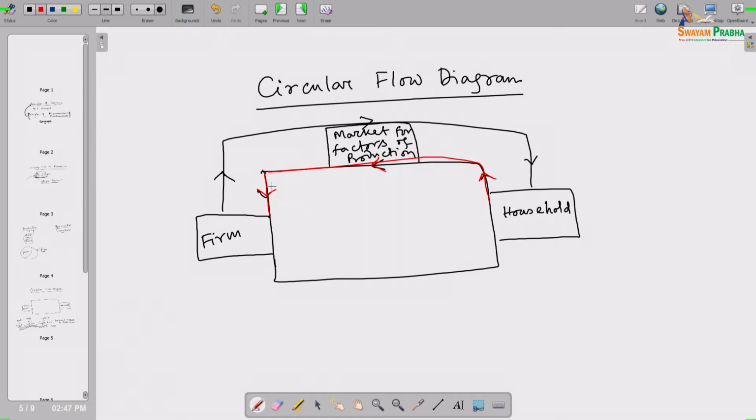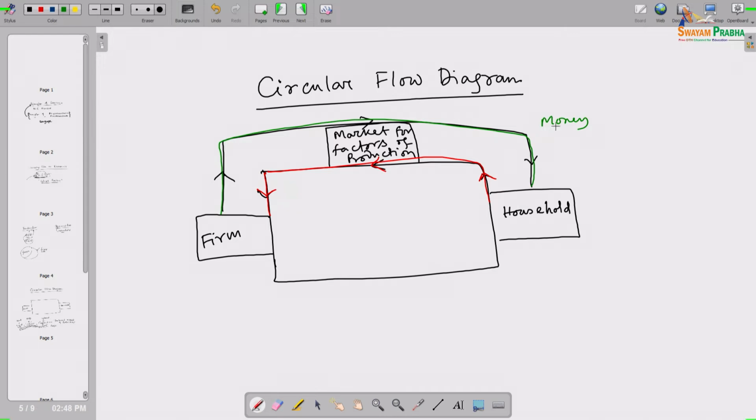Some labor, some land, some capital are flowing from household to farm. And the outer green thing is basically the monetary flow, the money flow, the outer ring. Money in terms of what? In terms of rent, wage, interest, and of course profit.